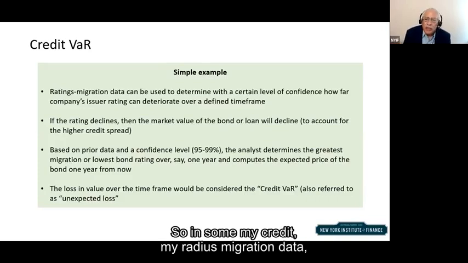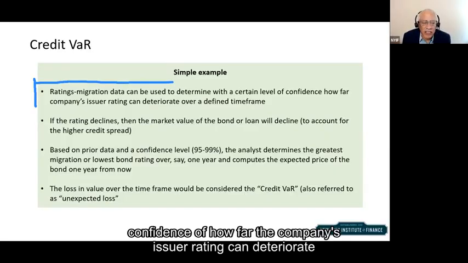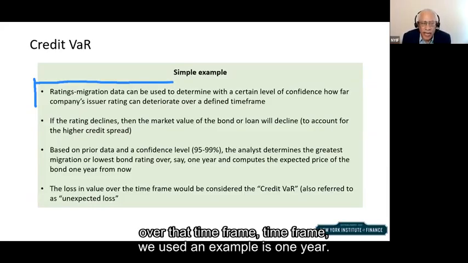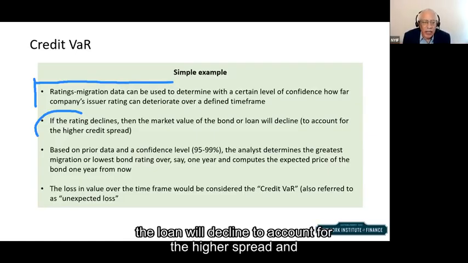So in sum, my ratings migration data, I'm using the Moody's data, can be used to determine that level of confidence of how far the company's issuer rating can deteriorate over that time frame. The time frame we used as an example is 1 year. If the rating declines, then the market value of the bond or the loan will decline to account for the higher spread.